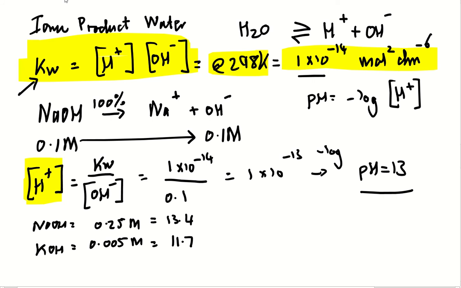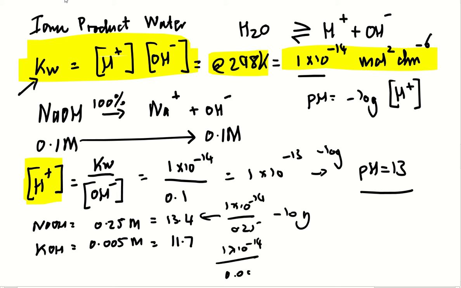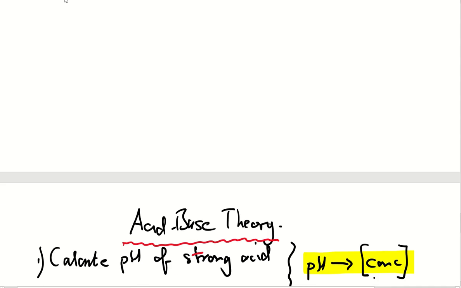Okay, so all you were doing there was 1 times 10 to the minus 14 over the 0.25, and then you would minus the log of the answer to that to give you that, and here the Kw 1 times 10 to the minus 14 over the 0.005, minus the log of that would give you 11.7. Okay, so those should be, I hope, pretty straightforward.